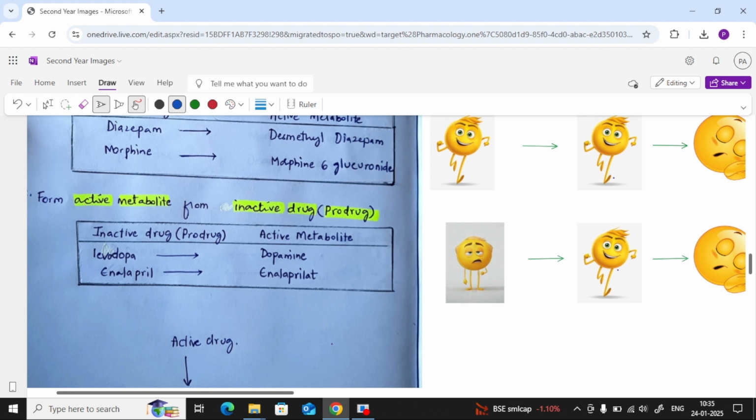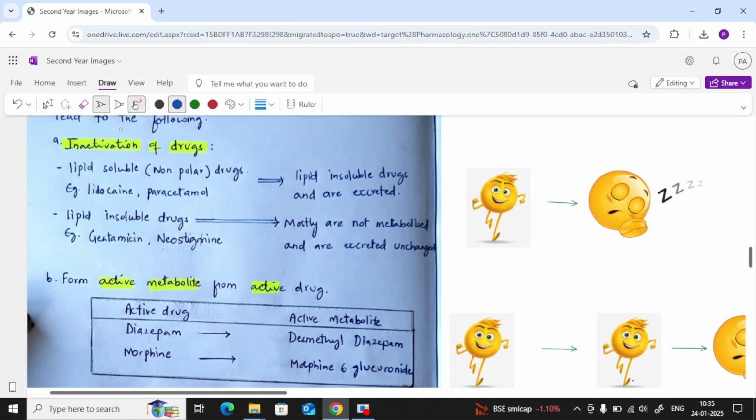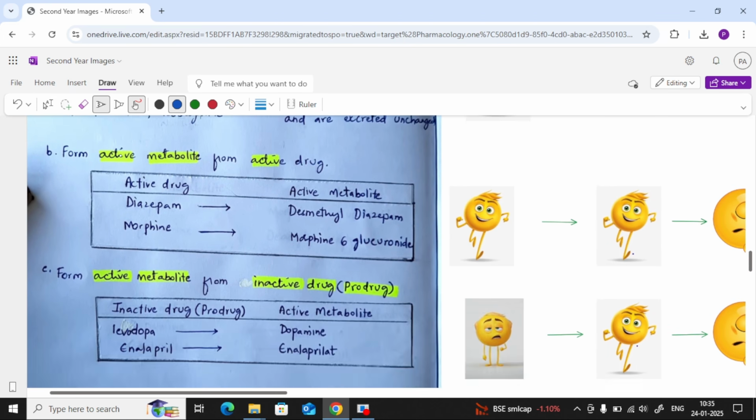What are the examples? For inactive drugs, examples would be levodopa and enalapril. They are converted to dopamine and enalaprilat. Prodrug is also a question that we will study as we go ahead. So you understood about the 3 points: there is inactivation of drug, and sometimes there is also formation of active metabolites from active drug and from inactive drug.